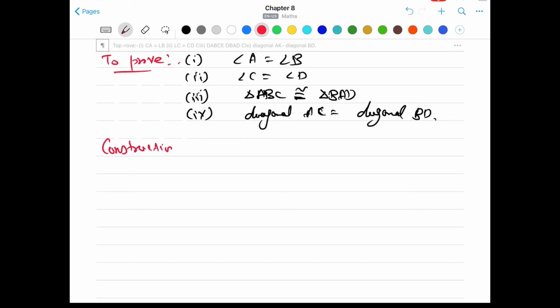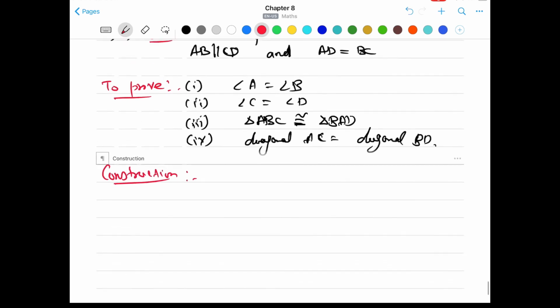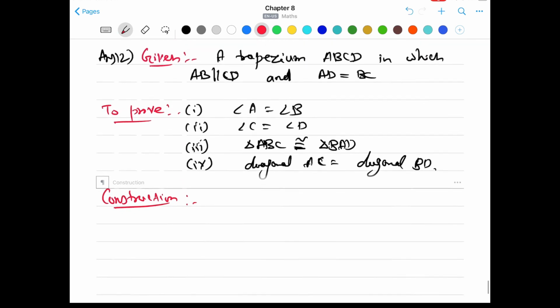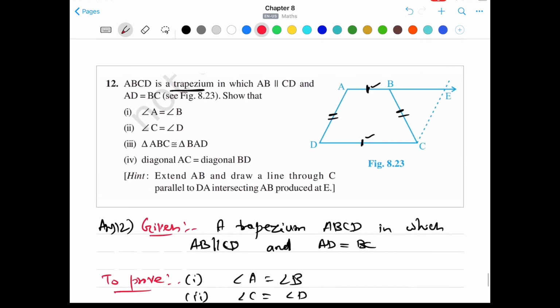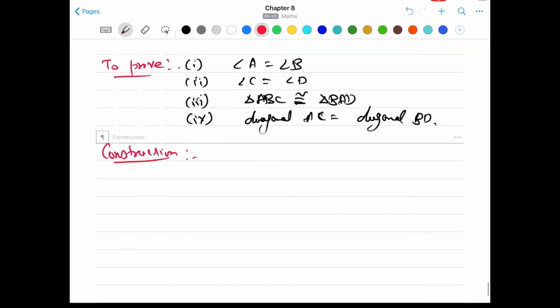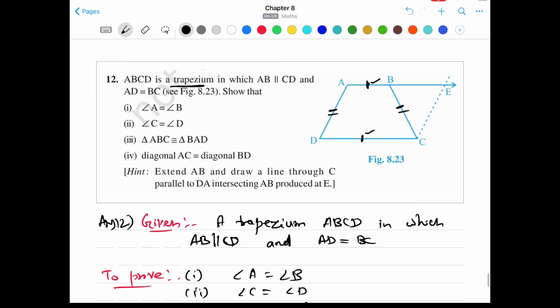Okay, so first we'll start with the construction. Let's write construction. We will produce the side BA till point E such that CE is parallel to AD.